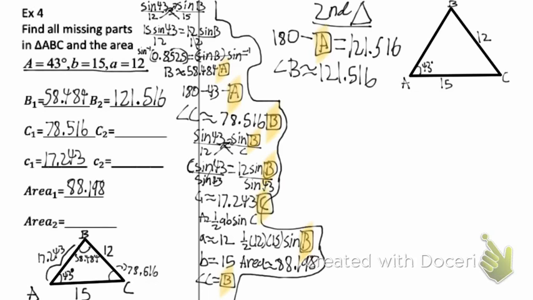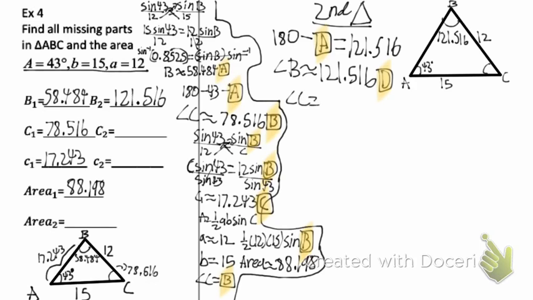So let's save that as letter D. So angle B1 is 121.516.